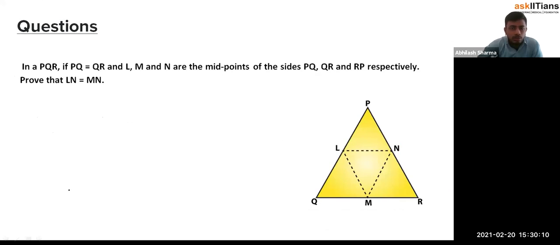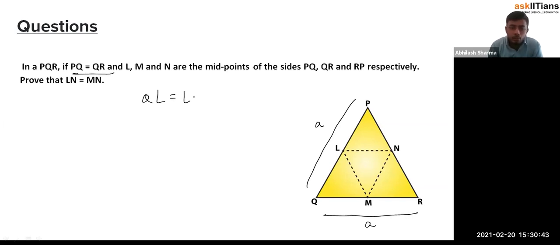Now let us talk about this question here. In a triangle PQR, if PQ equals QR, fine. L, M, N are the midpoints. So look, since these are the midpoints, obviously QL will be equal to, let us say this length is A, this entire length will also be A because it is given PQ equals QR.